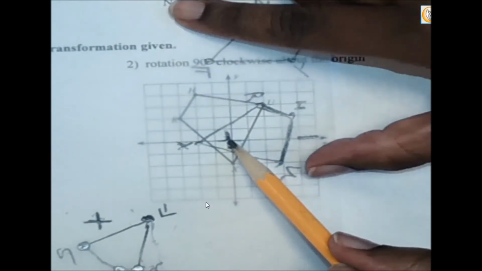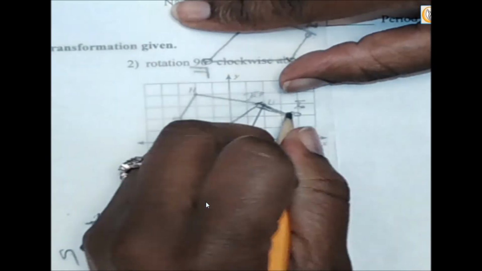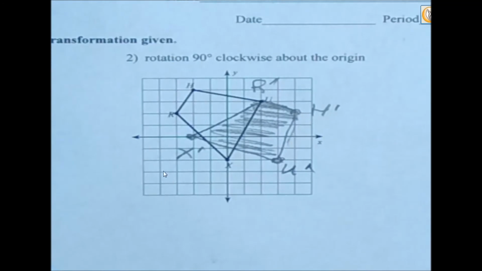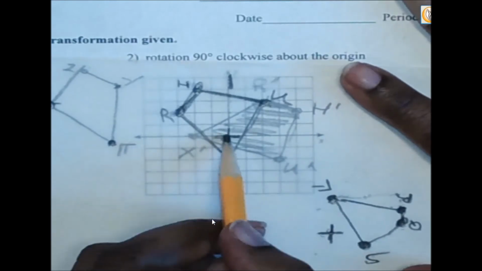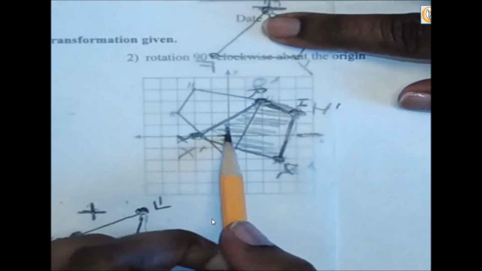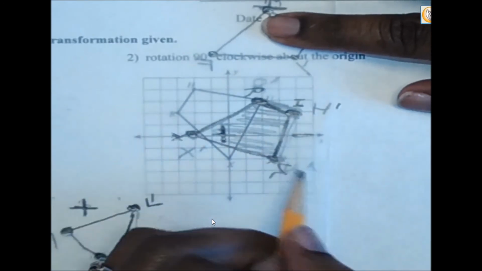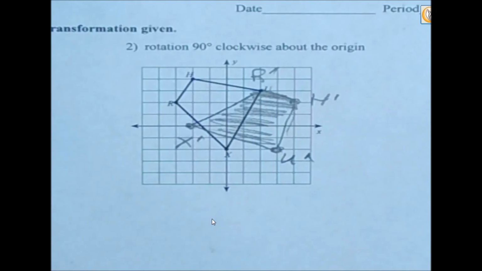So now I am going to indicate where my new points are. Here's my new rotated quadrilateral. It was here. I put my pencil here and I rotated 90 degrees clockwise. I indicated where the points were under this patty paper and then connected them to form the new quadrilateral.